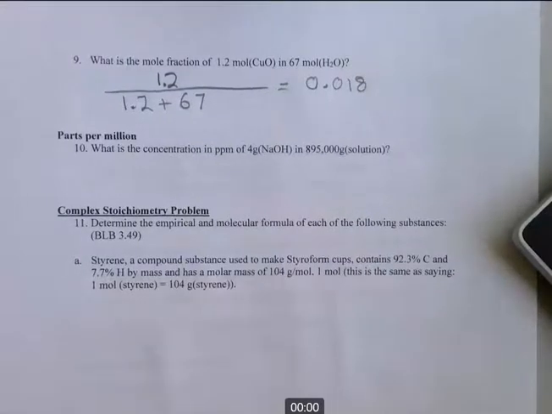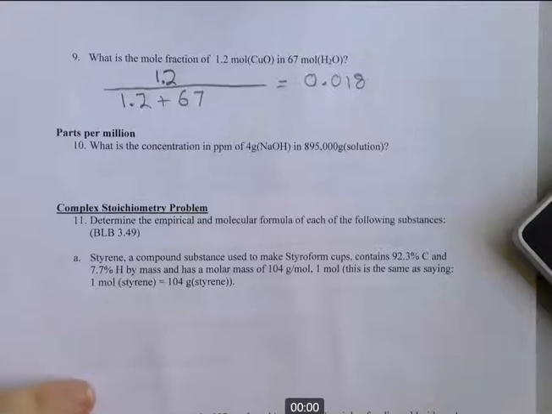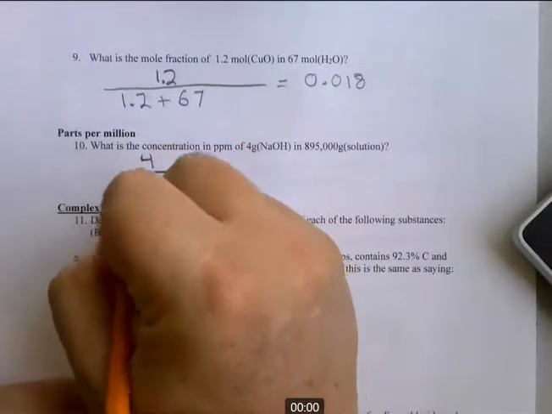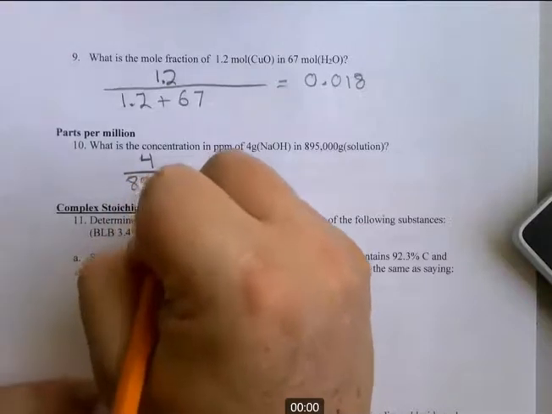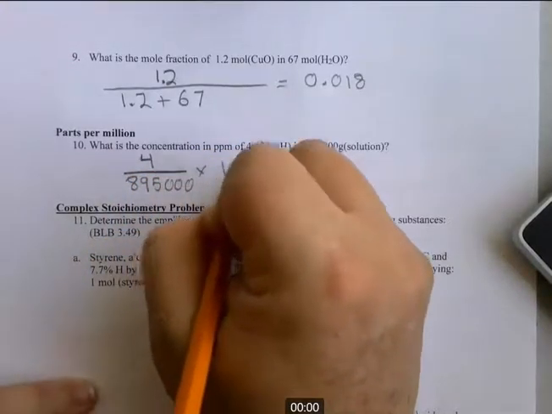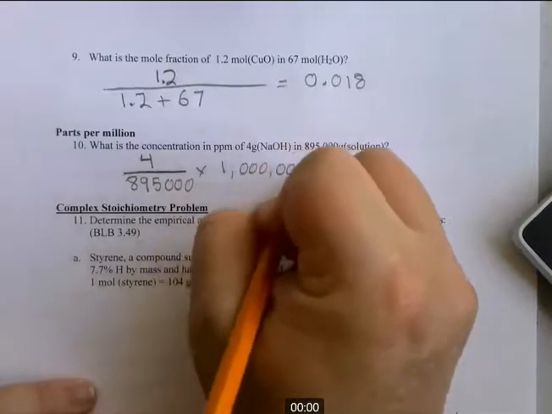Okay, parts per million is just like a percent composition by mass, except instead of multiplying by 100, you multiply by 1,000. So what is the concentration in parts per million of 4 grams of sodium hydroxide in 895,000 grams of solution? So yeah, the solution means the sodium hydroxide plus the water added together, so they've already done the addition for you. So it's simply going to be this, 4 over 895,000.